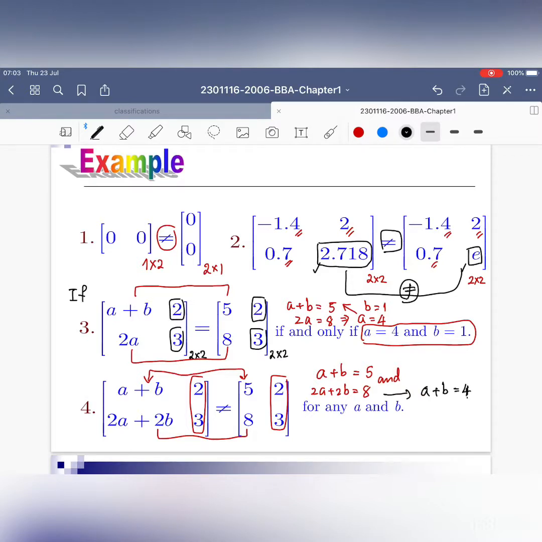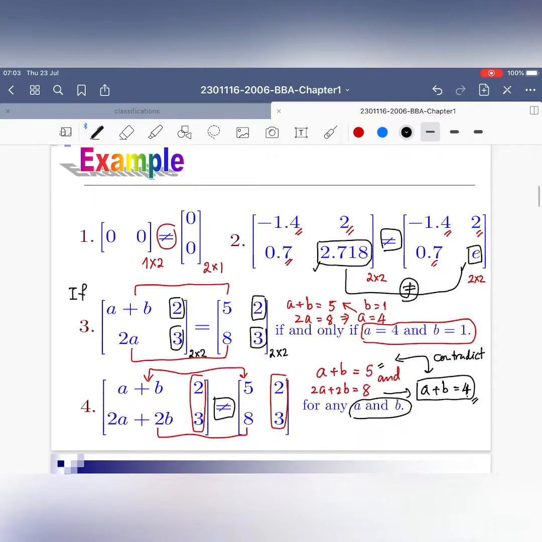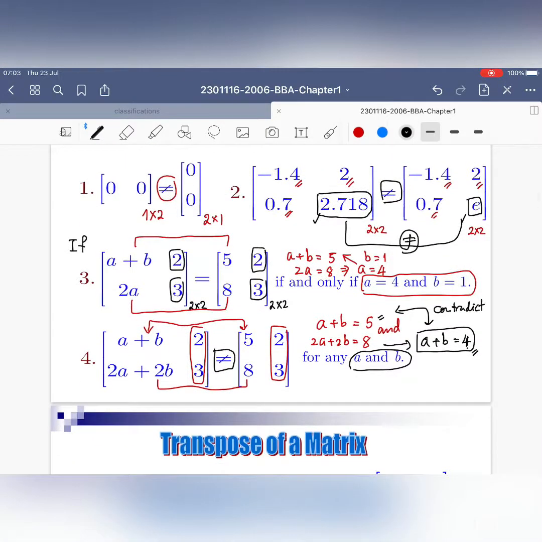Can the same pair of numbers added together equal 5 and also equal 4? Cannot be, right? This is a contradiction. So no matter what you choose for A and B, these two matrices cannot be equal.